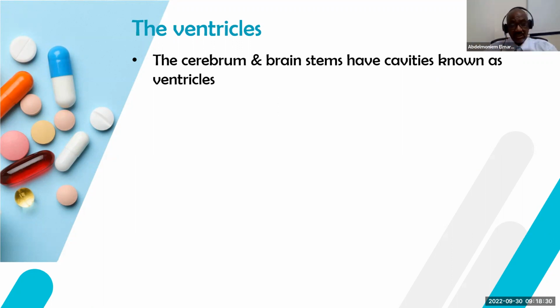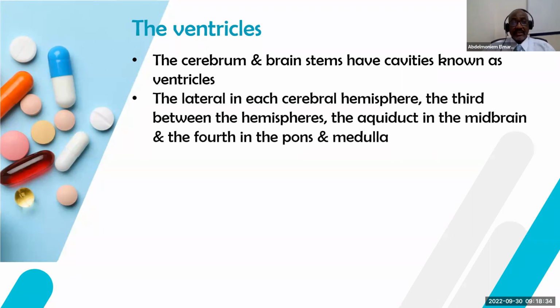So these cavities are known as the ventricles of the brain. There is a lateral one in each of the two cerebral hemispheres, and there is a third one between the cerebral hemispheres. There is an aqueduct of Sylvius found in the midbrain, connecting the third ventricle with the fourth ventricle, and the fourth ventricle is between the pons and medulla, roofed by the cerebellum.